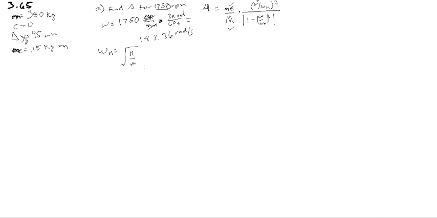I can understand with the rotational stuff, substituting in the k torsional over the moment of inertia or whatever. But here he has it being g, the acceleration g, over the delta yg, is what I called it.